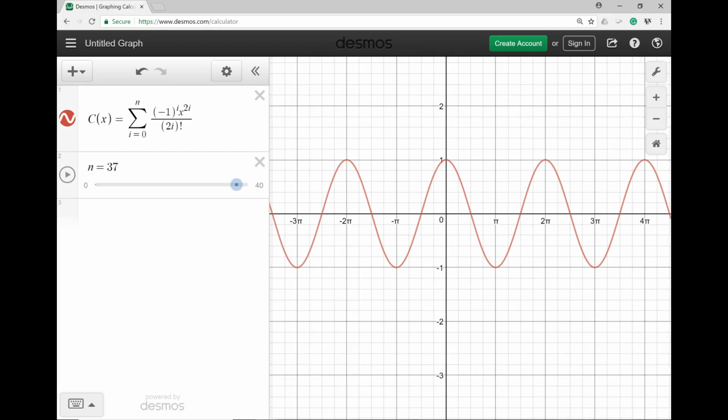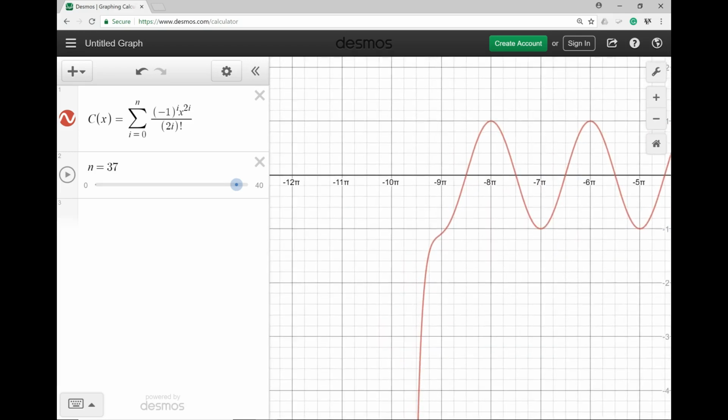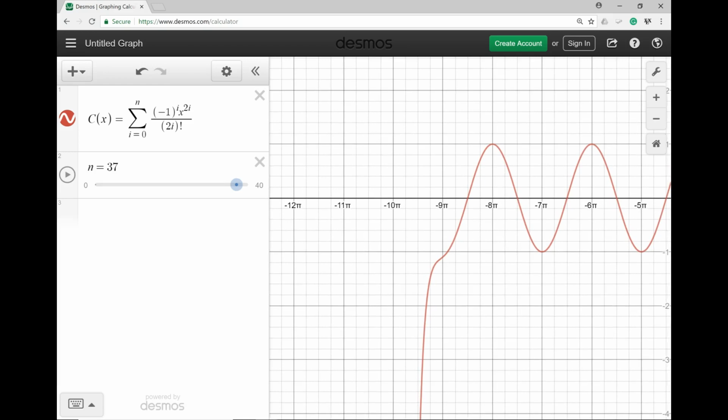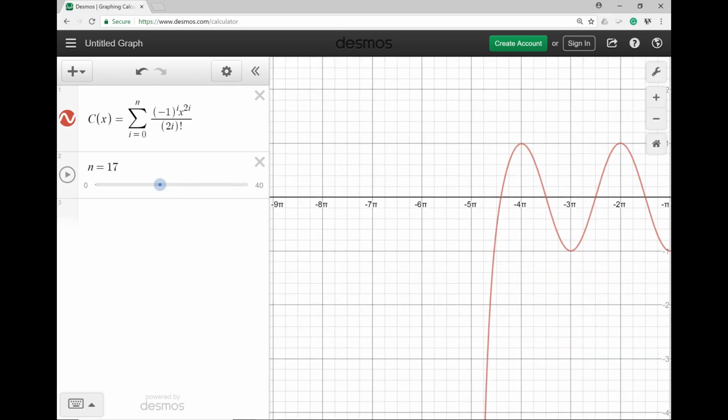But it's not really exactly cosine, because if we go out to the outside, clearly cosine doesn't just drop off at the end here. But if we again observe this pattern with these values of n increasing, remember, an nth partial sum is an approximation.